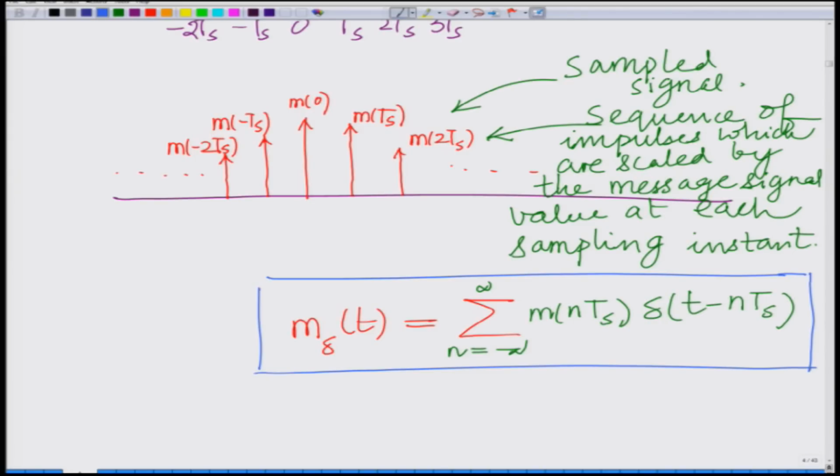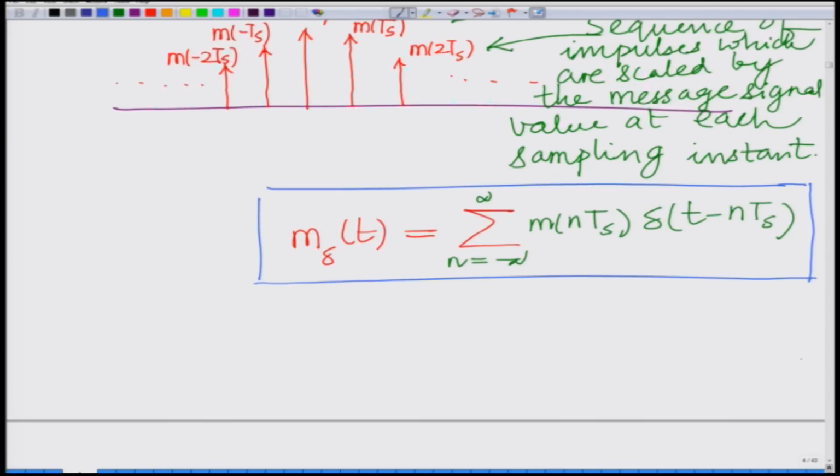And now, what do we want to do? We want to look at the behavior of this in the Fourier domain.